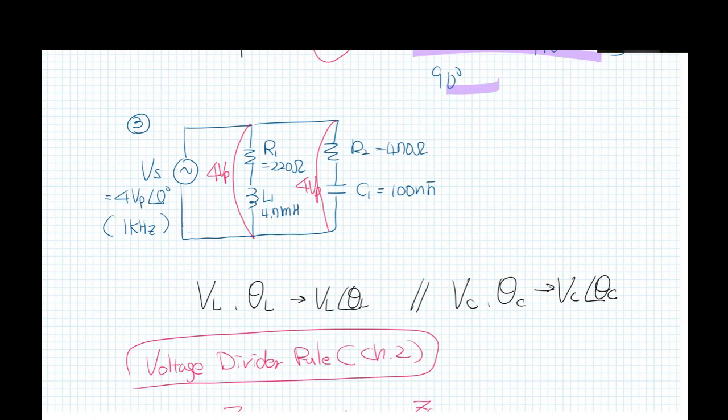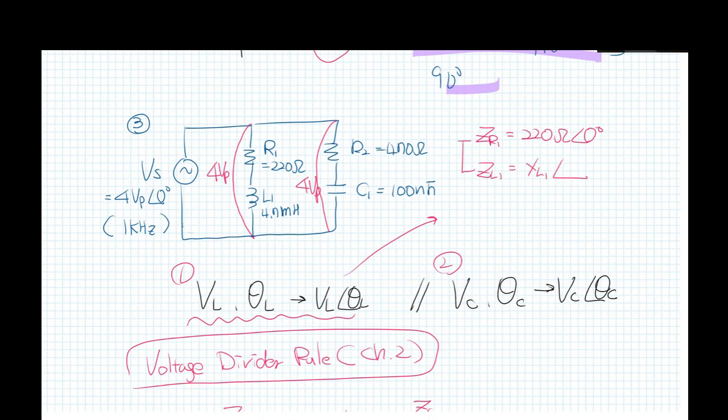Now to find question 1, V sub L and theta L. Z sub R1 is 220 ohm at 0 degrees. And Z sub L1 is X sub L1 at 90 degrees. What is X sub L1? It is 2 pi F L1, 2 pi times 1000 hertz times 4.7 millihenry.